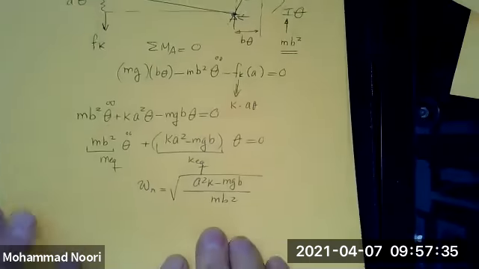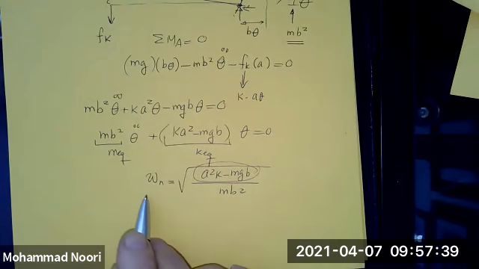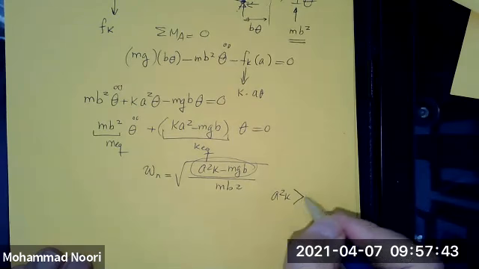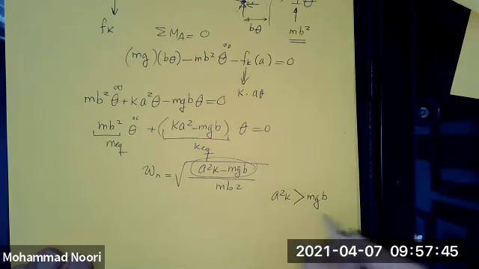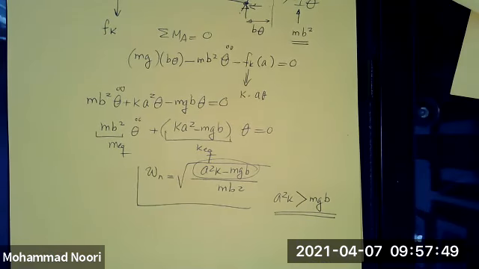However, this problem has a condition. This has to be positive in order to have a real natural frequency. That means a squared k has to be greater than m g b. That's the condition. Okay? All right. Any questions?